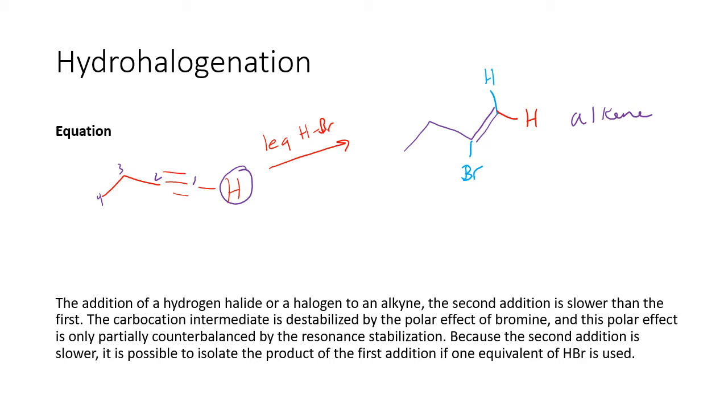The other thing we can do is, instead of using one equivalent, we use 2 equivalents of HBr. An alkyne has 2 degrees of unsaturation. So one equivalent essentially reacts with the first degree of unsaturation, and if we have 2 equivalents, we're reacting with both degrees of unsaturation. In this case, we get an alkane as a product.